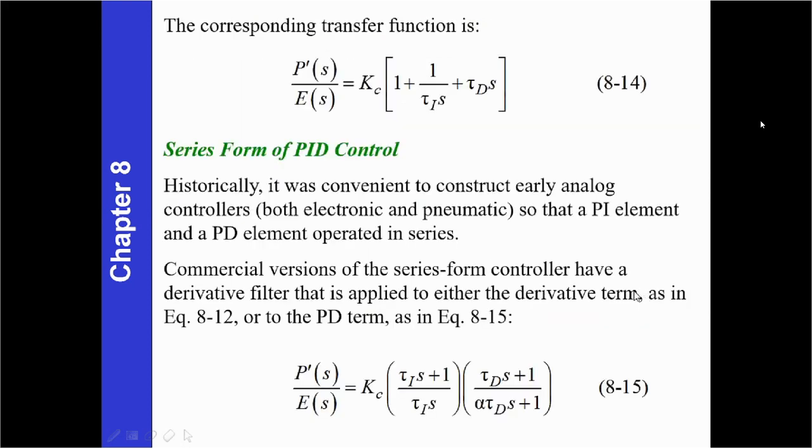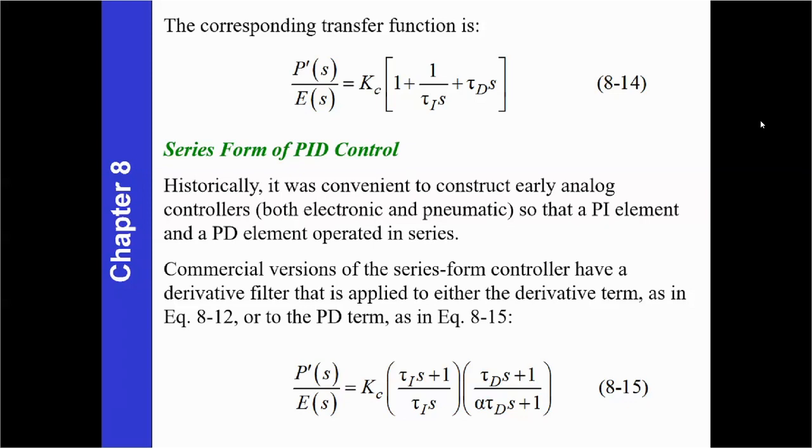In this case, the transfer function is given by this equation: P'(s)/E(s) = Kc times (1 + 1/(τI s) + τD s). So this is for the parallel form.